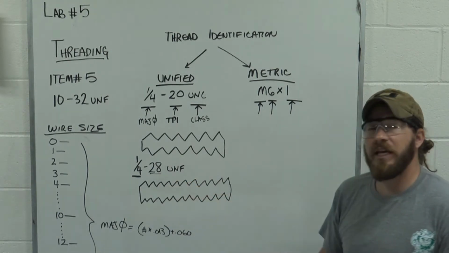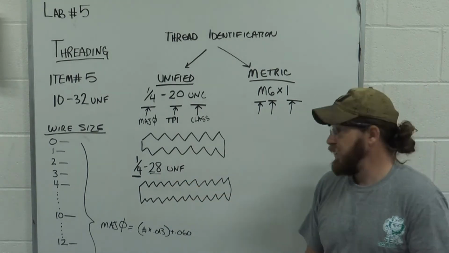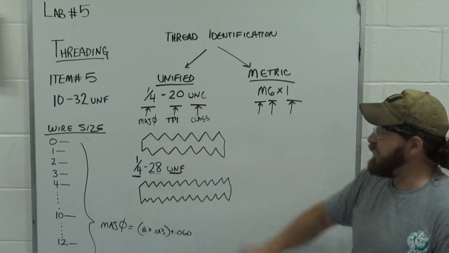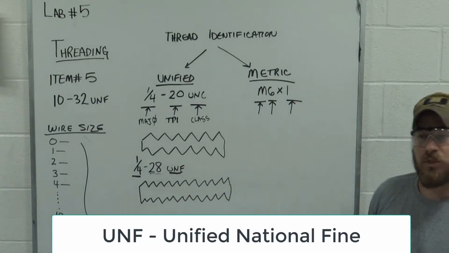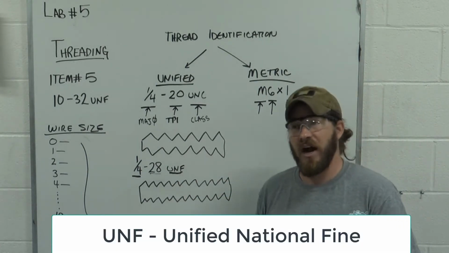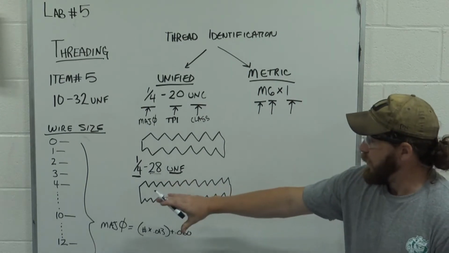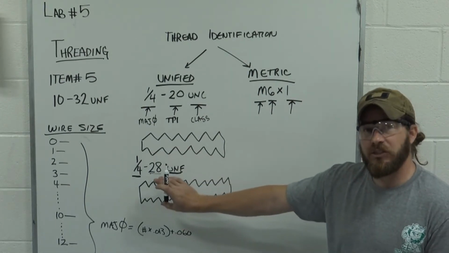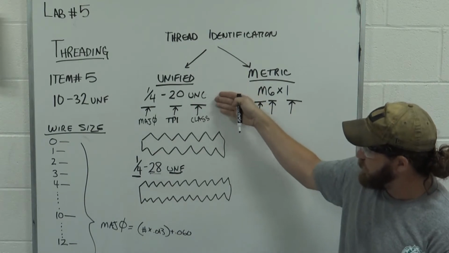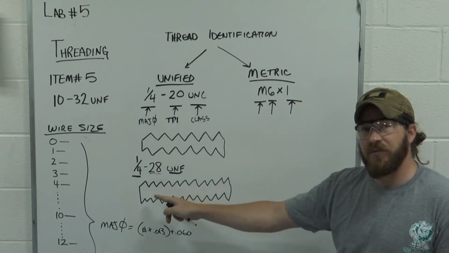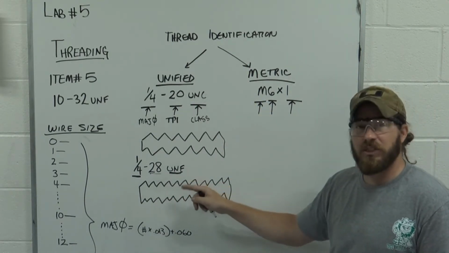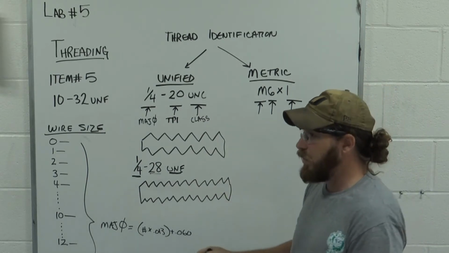It will have 28 threads per inch, and this UNF is its class, which stands for unified fine. So it's going to have the same major diameter as this one, but a lot more threads per inch, so it's a much finer thread.